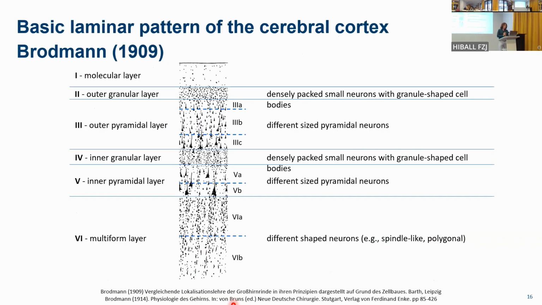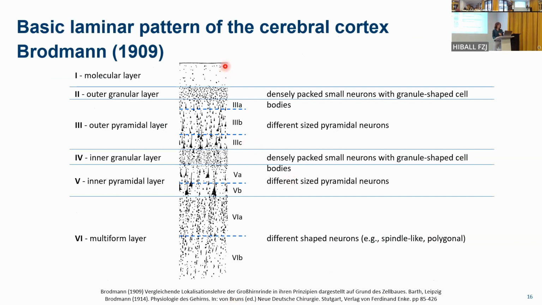Now this is another slide that I've shown in previous talks, and I just want to remind you that the cortex is built up in a laminar pattern, and we've got areas with different numbers of layers.